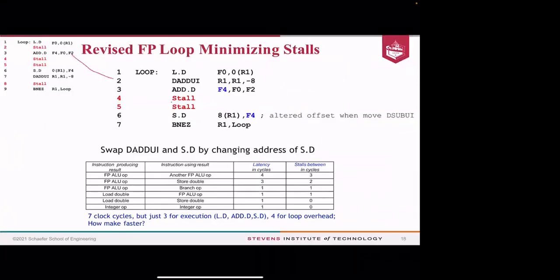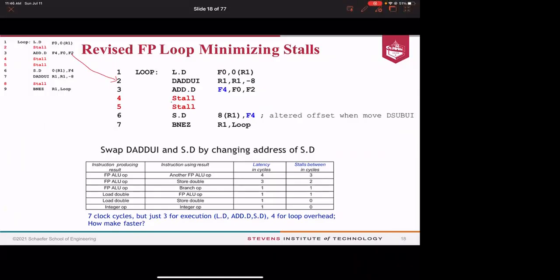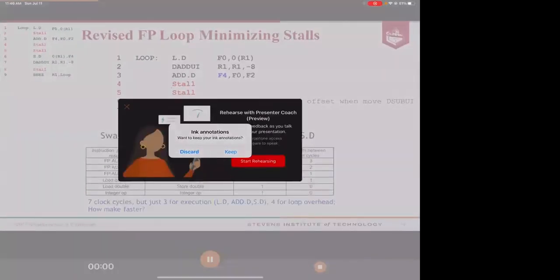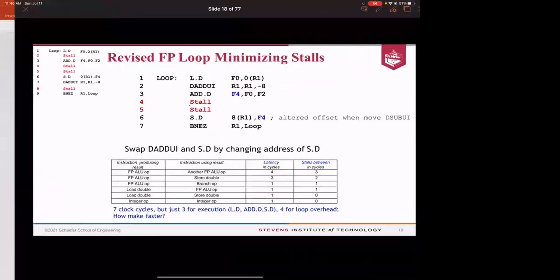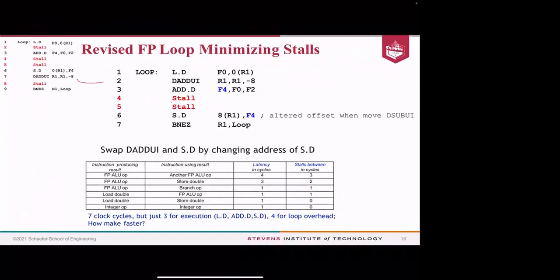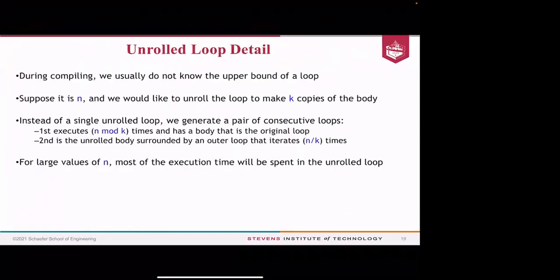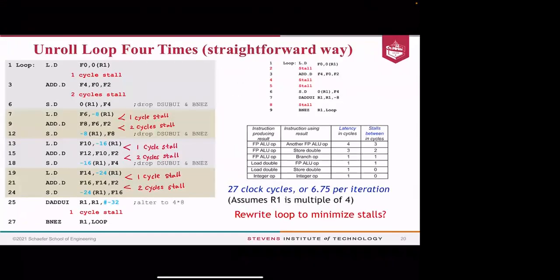We moved the adder to here, so we got sophisticated changes, but the cycle count is only 7. But here, by doing a simple loop unrolling, our cycle time becomes 6.75.